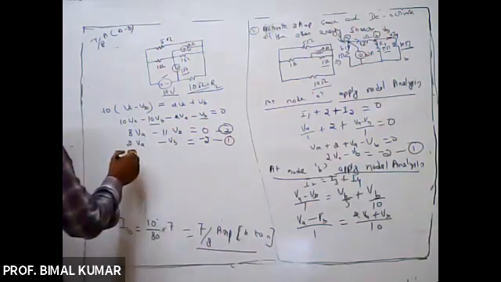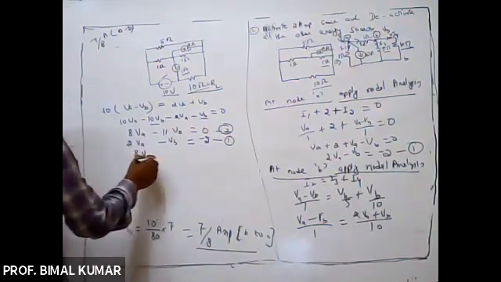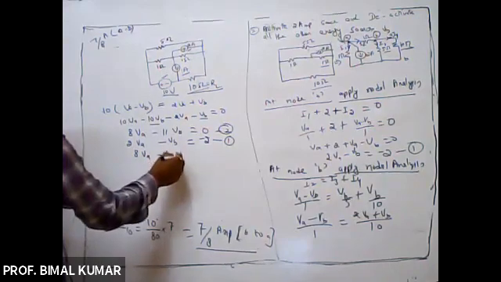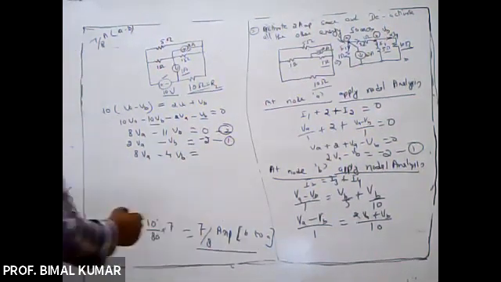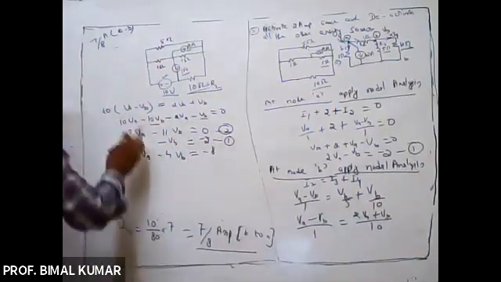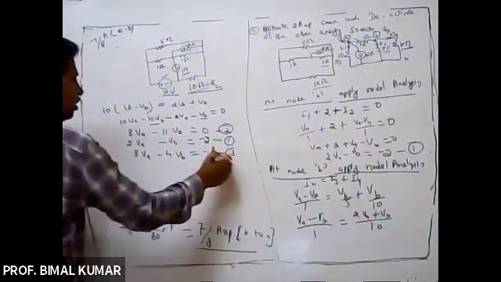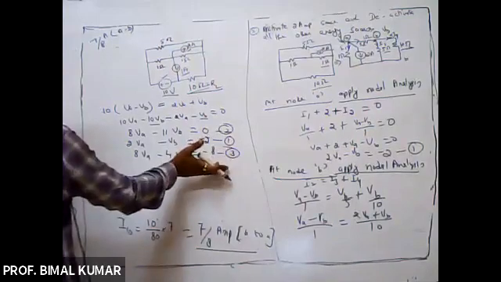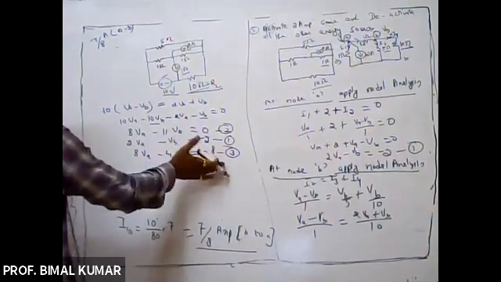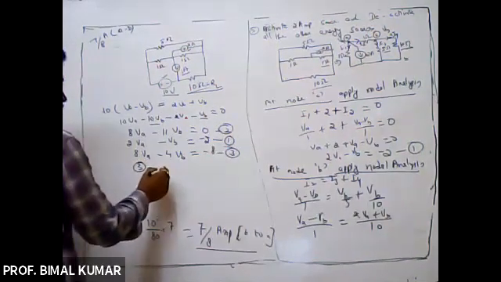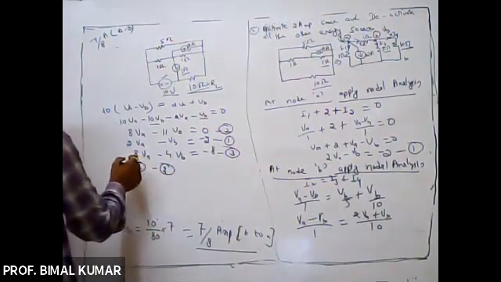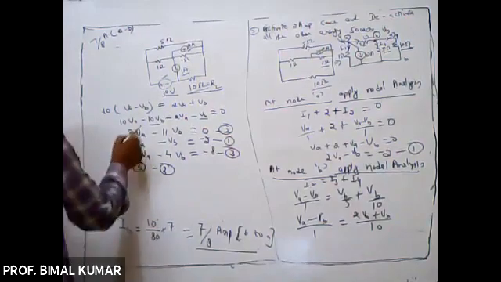Multiply 1 by 4. So this will be 8 VA minus 4 VB is equal to minus 8. So subtract 3 from 2. 3 minus 2. So this will be 8 VA minus 8 VA, 0.